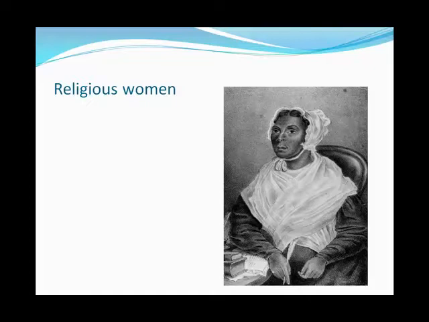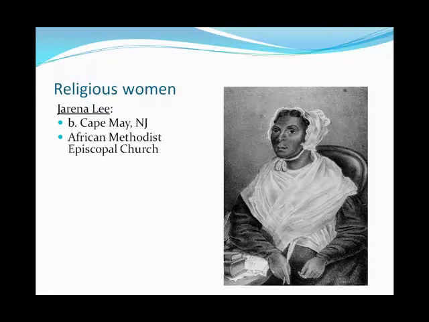One of these was a woman by the name of Jarena Lee. You see her pictured on this slide. Jarena Lee was born in Cape May, New Jersey in 1809. She was the first woman known to petition the African Methodist Episcopal Church for the authority to preach. She was first denied this request.